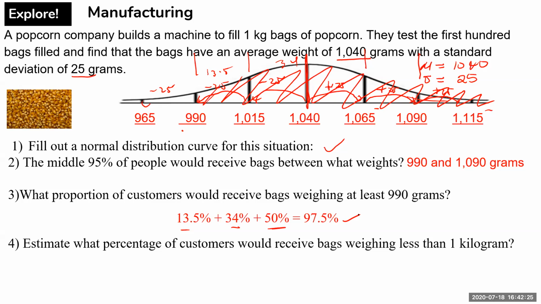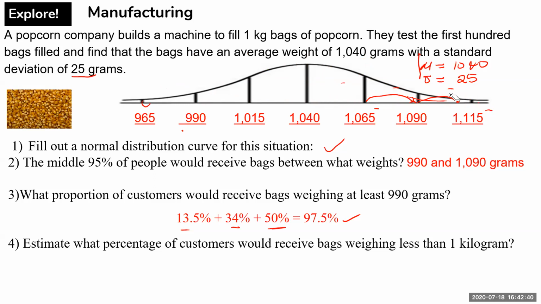All right, now estimate what percent of customers will receive bags less than 1 kilogram. Less than 1 kilogram. 1 kilogram is what? 1,000 grams. Okay. And we will discuss this in detail when we get to z-scores, because we want to be specific.